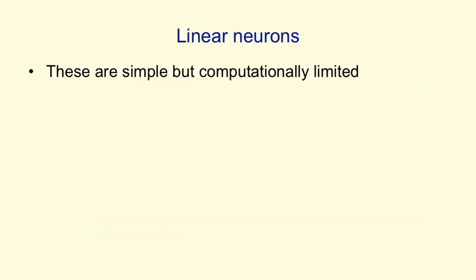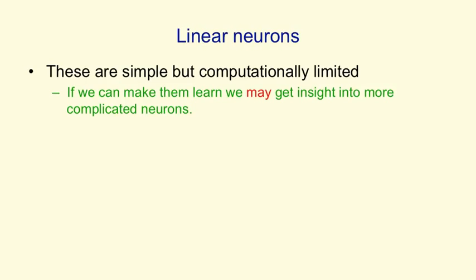The first kind of neuron I want to tell you about is the simplest. It's a linear neuron. It's simple, it's computationally limited in what it can do. It may allow us to get insights into more complicated neurons, but it may be somewhat misleading.